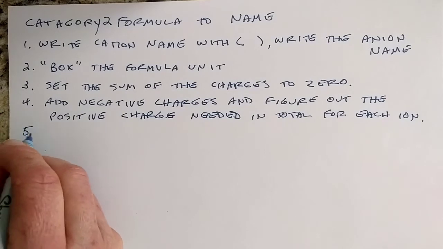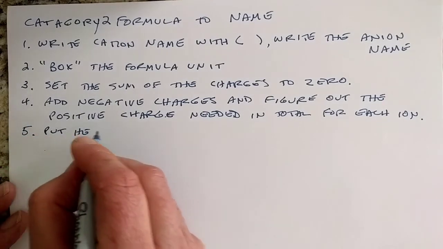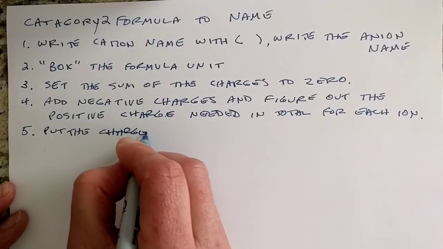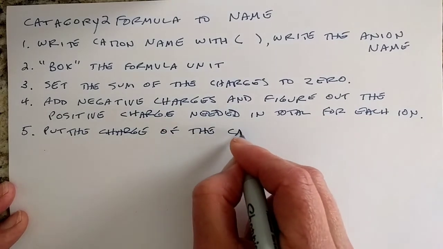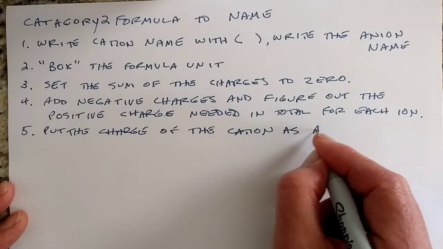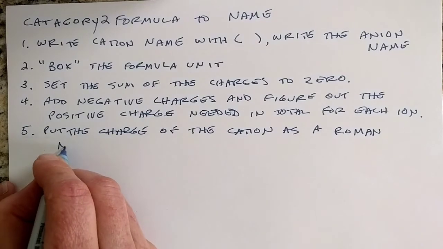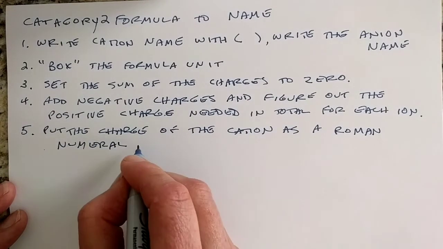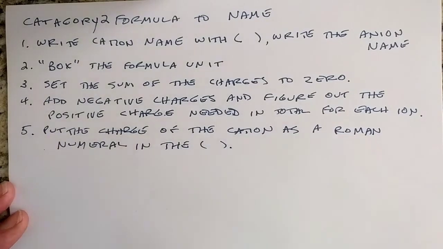And then our last step, 5, we're going to put the charge of the cation as a Roman numeral in the parentheses.